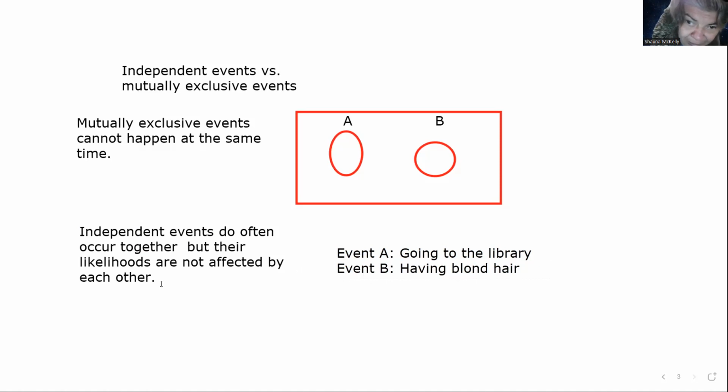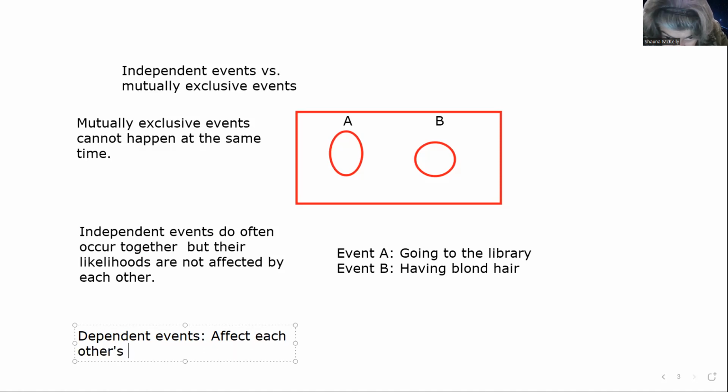But here's an example of dependent events. Dependent events affect each other's probabilities of occurring.